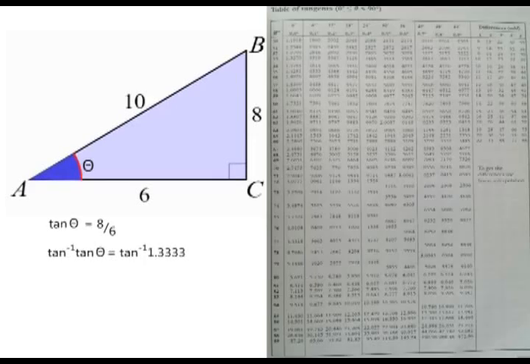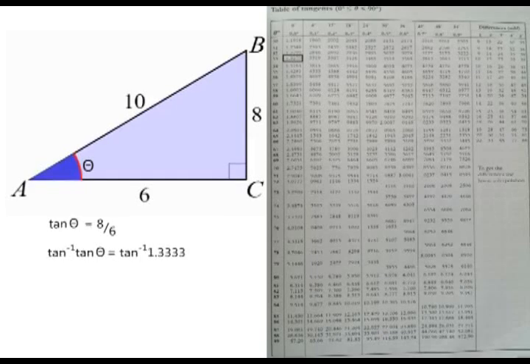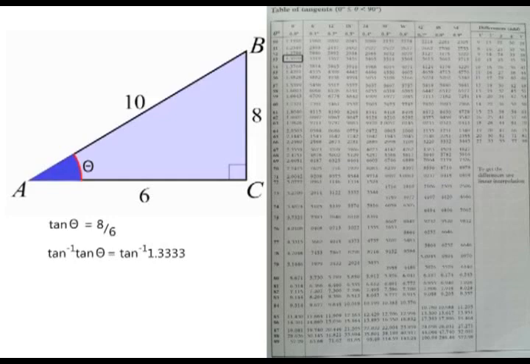From the table, we look for 1.333, or if it's missing, we look for the nearest smaller number. From the tables, the nearest number appears to be 1.3319, and that matches with 53 degrees and 6 minutes. But we had 1.3333.